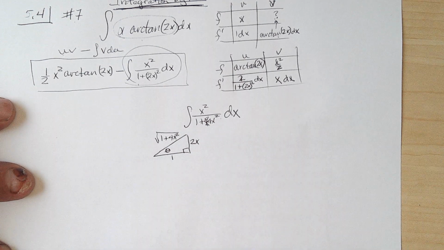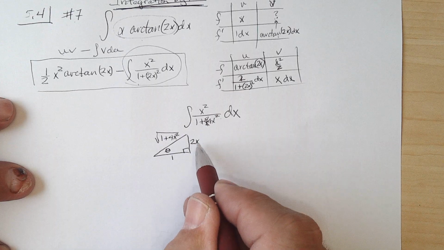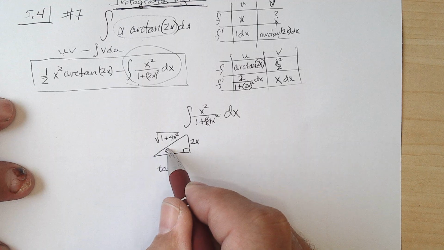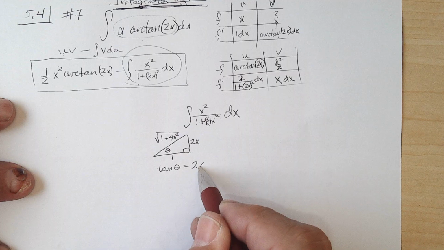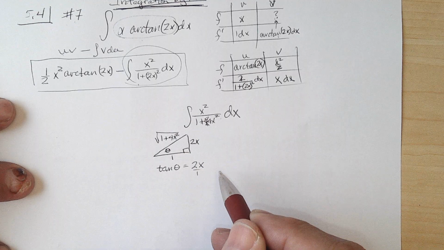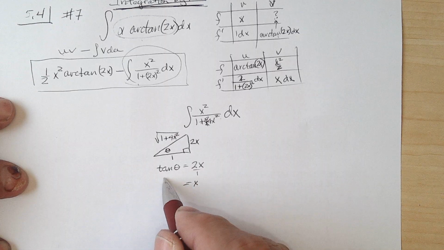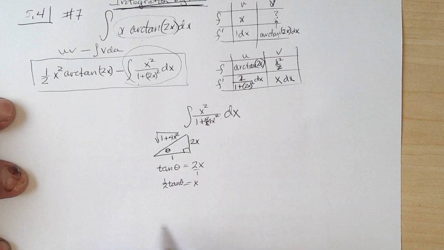And then the trig sub rules are write something for x. Well, tangent of theta is opposite over adjacent, so that would be 2x over 1. So x is 1/2 tangent theta. That's my step number 1.